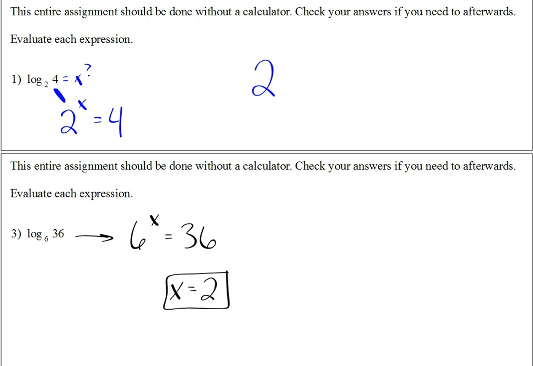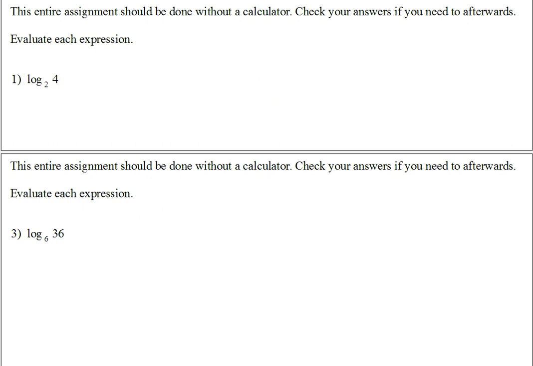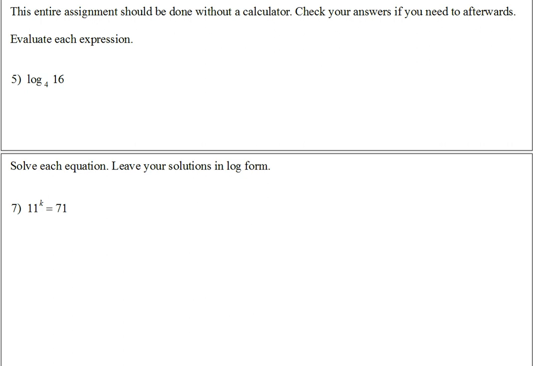So log base 6 of 36 is 2. The answer to a log is the exponent. If the base is 6, I raise it to the second power, and I get 36. On a lot of these that we're starting with, the actual answering of the question is not super difficult, but as we go, you'll definitely see why they become so valuable.